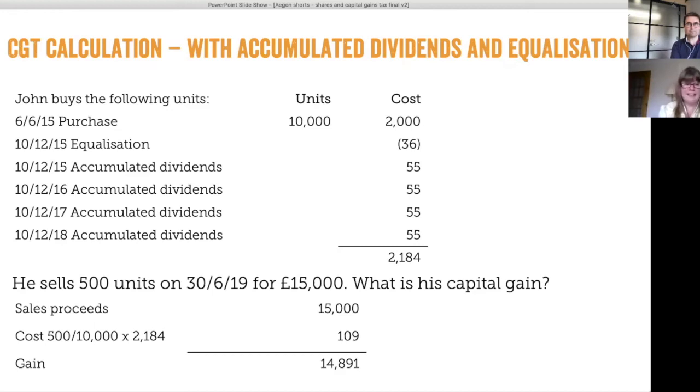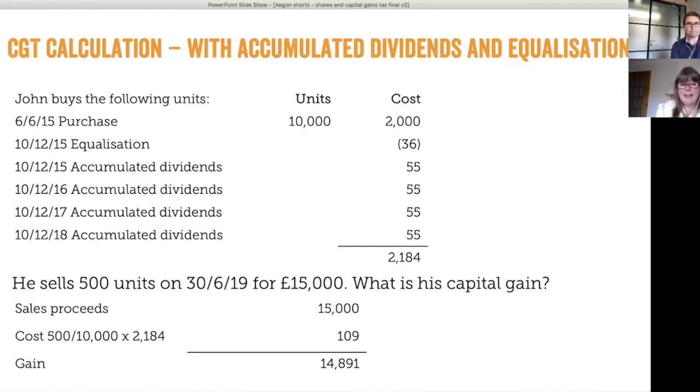It will give a detailed breakdown between what's equalisation payment and what's dividend that's subject to income tax. So as you can see, equalisation payments are deducted from the cost in the capital gains tax calculation, because the cost obviously includes that income to date.